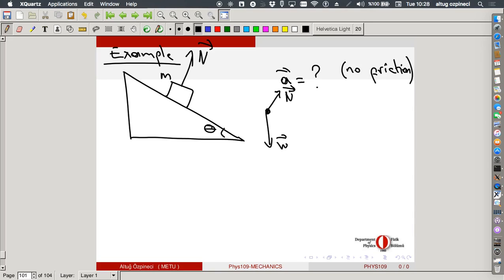So we should choose some coordinate axes. Who wants to choose one of the axes parallel to the plane? How many hands? 1, 2, 3, 4, 5. Okay. Who wants to choose the vertical axis as one of your axes?